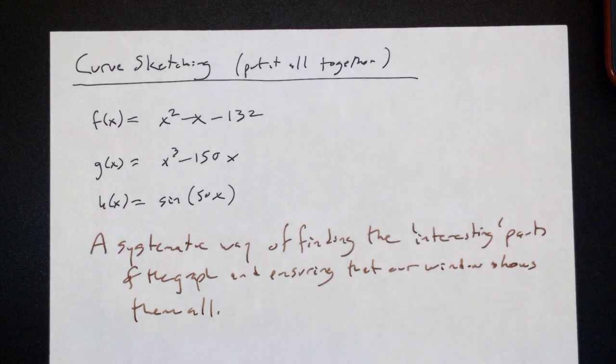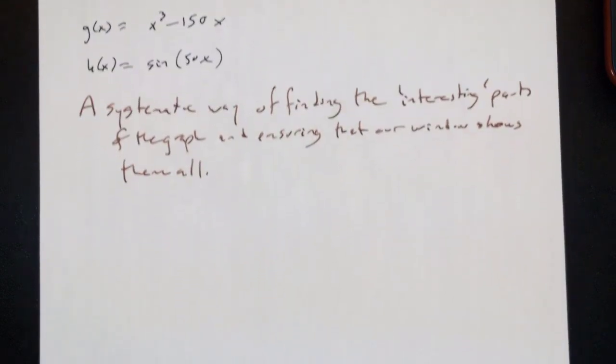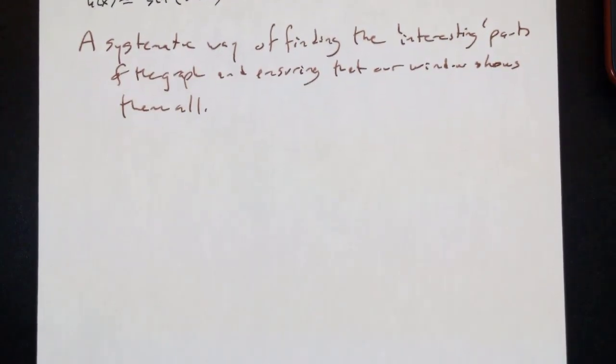All right. I need to start with algebra. I need to start with all the things I know just by looking at the equation itself. Then I can see what interesting parts of the function are where, and I can find them all.